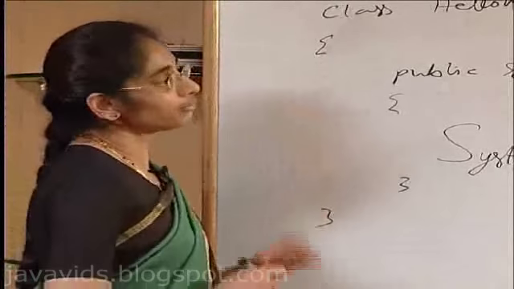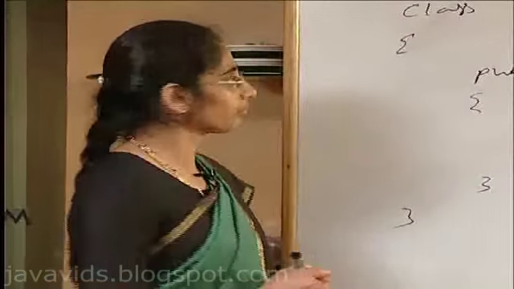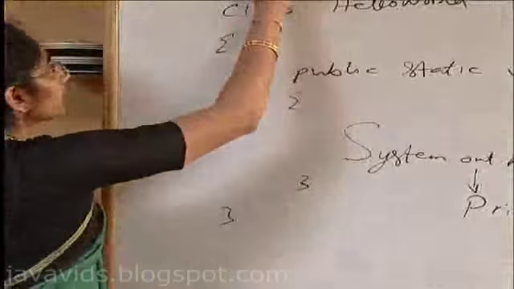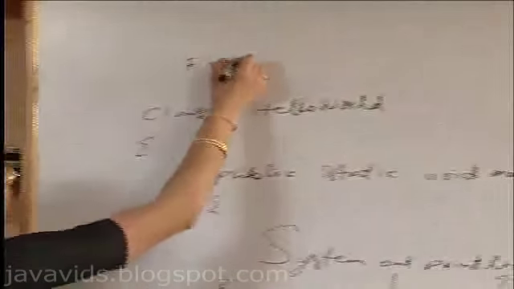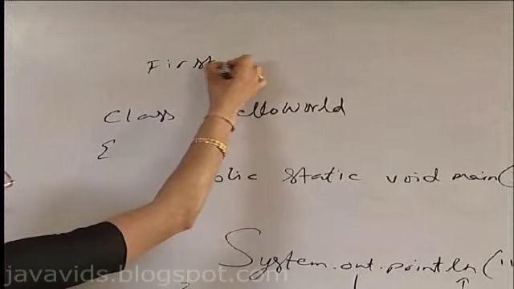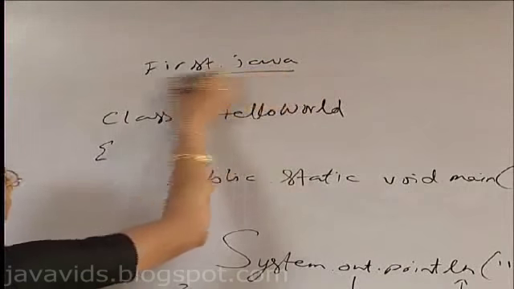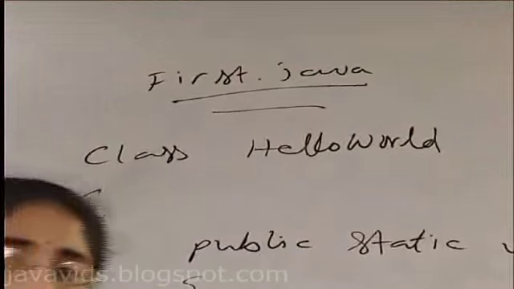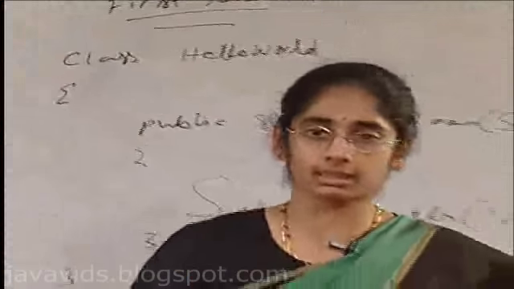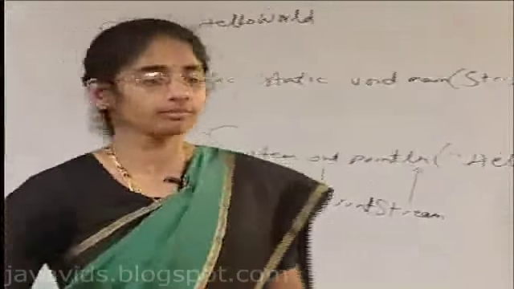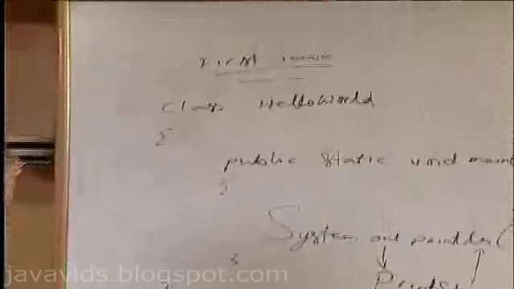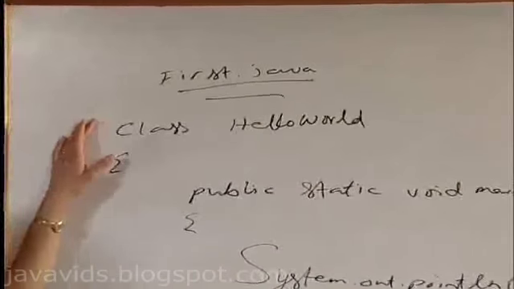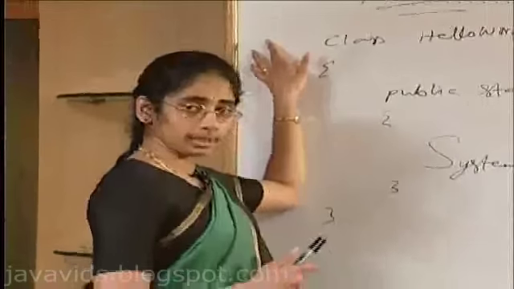How do I give a name for this particular program? Let's call it first.java. Now you might think, shouldn't the name of the file be the same as the class name? Well, it has to be the same name if the class is defined as public.